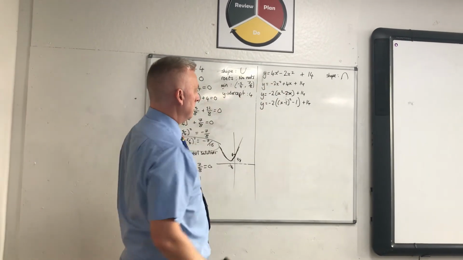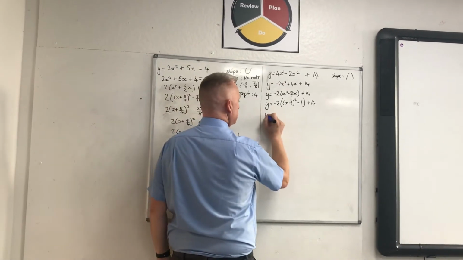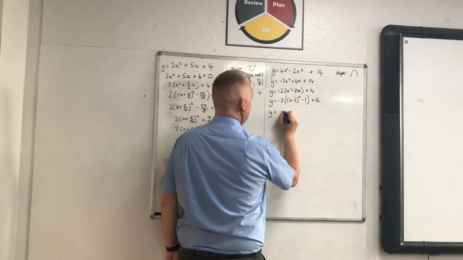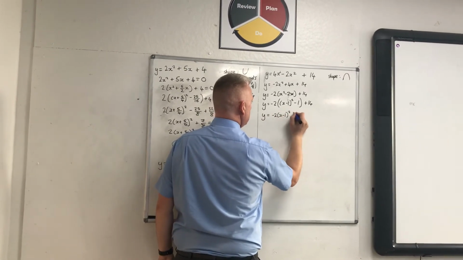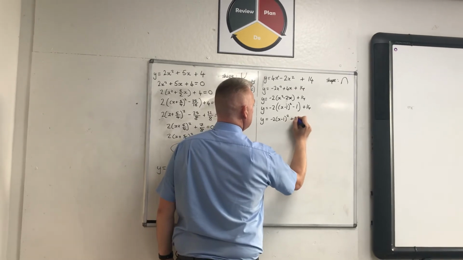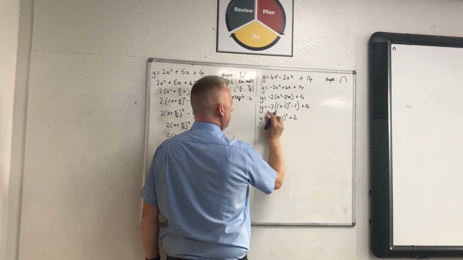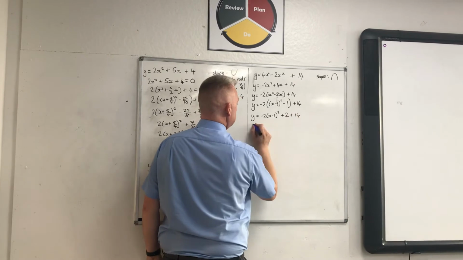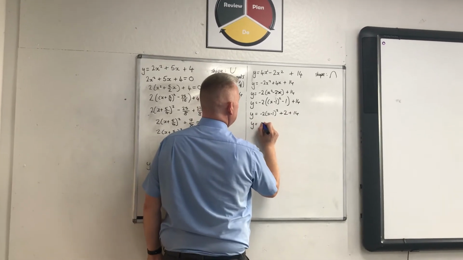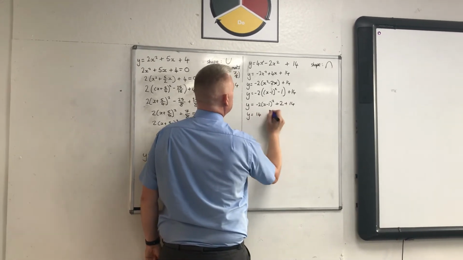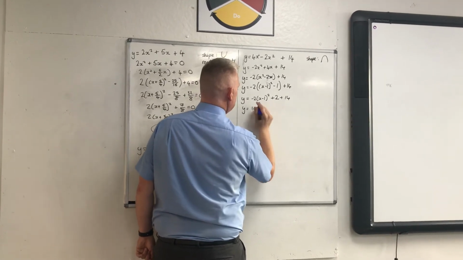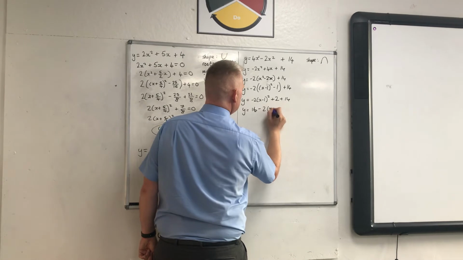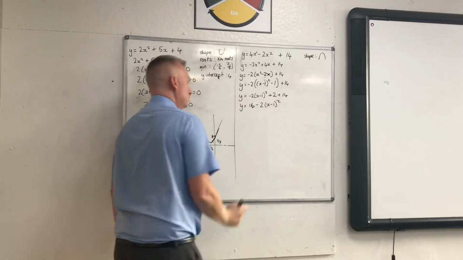Structuring it really clearly when you've got a negative coefficient of x squared is important. So y equals negative 2 lots of x minus 1 squared, plus 2, be careful there with the negatives, plus 14. So y is 16 minus 2 lots of x minus 1 all squared.